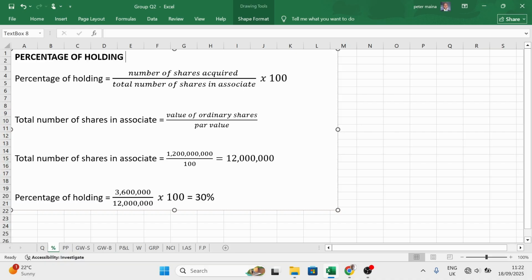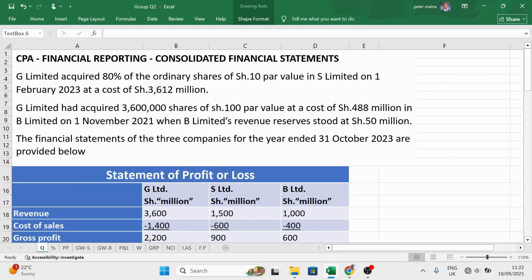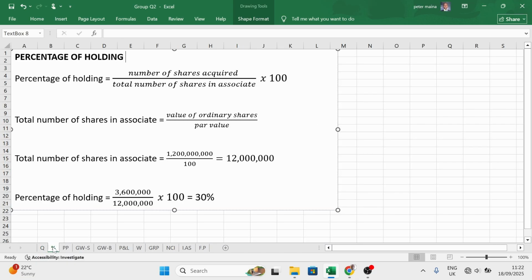You take the number of shares acquired, you divide by the total number of shares in associate, and then you multiply by 100. Number of shares acquired, we are given that in the question. G Limited had acquired 3.6 million shares in B Limited. So we already have that one.